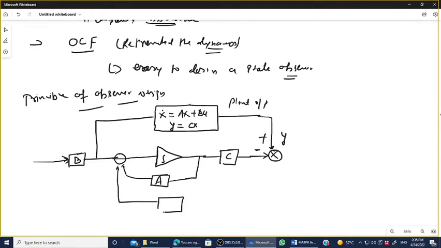This is, let's say, L. In the case of controller design, our target is to design the K matrix, the feedback controller gain matrix.